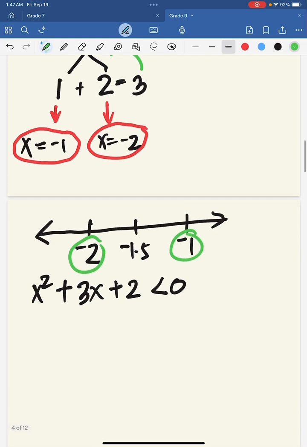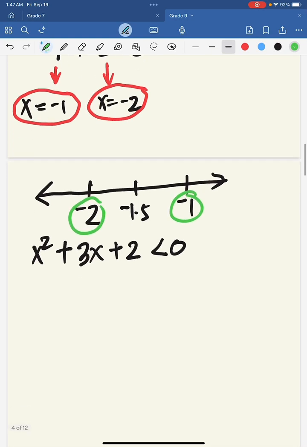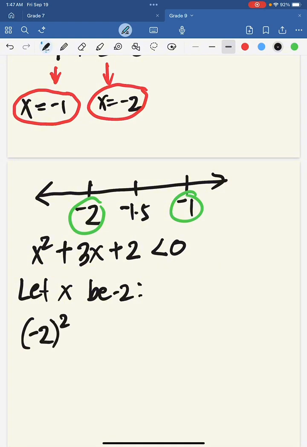They are critical values because if you use either of the two, it won't satisfy the given inequality. So let x be negative 2. So you have negative 2 squared plus 3 times negative 2 plus 2 is less than 0.